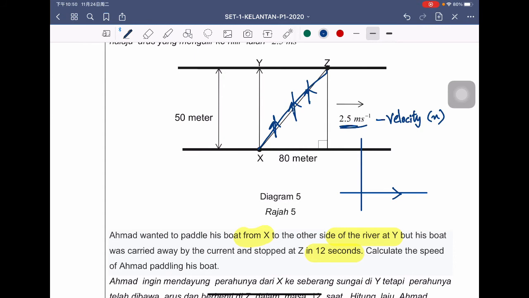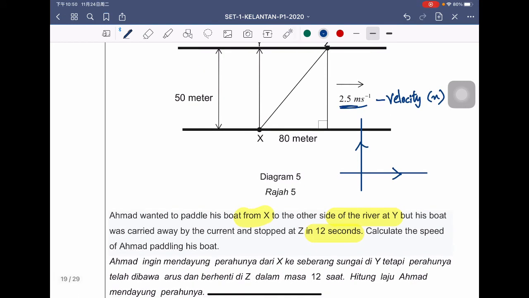So it means that the velocity we need to find is the velocity in the y direction. However, you see, the time taken for him to reach the other side of the river at z is 12 seconds.